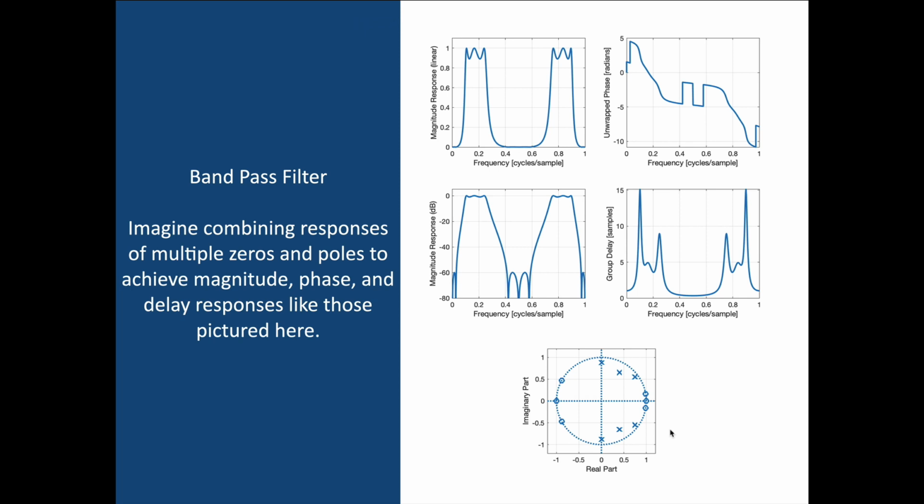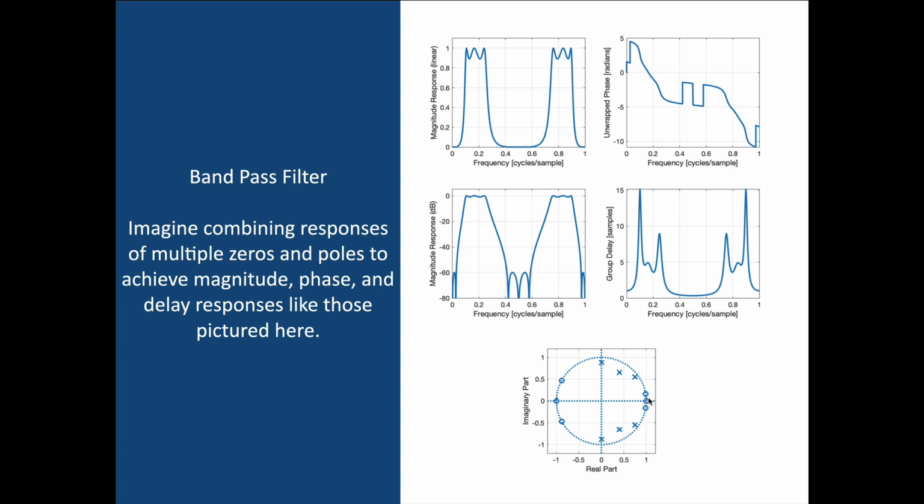Remember, each one of these poles or pole pairs, conjugate pairs, is contributing to both the magnitude and the general way the magnitude is shaping up, and also the phase and the group delay. But when you have as many poles and zeros as you see here or more, it becomes tricky to keep track of what's going on in your head.